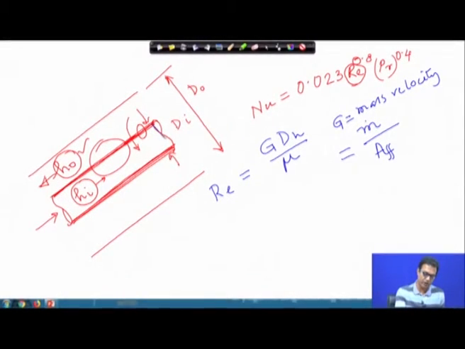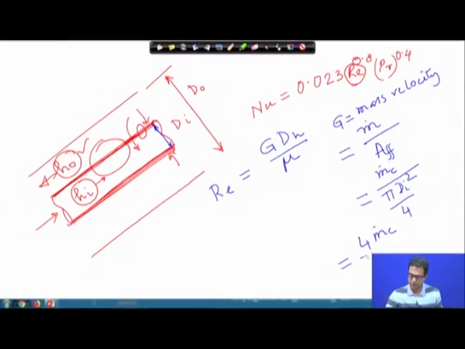This is the free flow area, or pi d square by 4. So, G is m dot C, cold fluid mass flow rate, divided by pi d I square by 4. So, this is nothing but 4 m dot of the cold fluid divided by pi d I square.